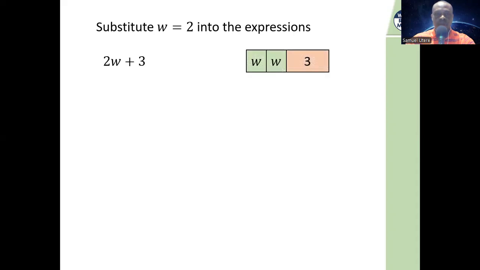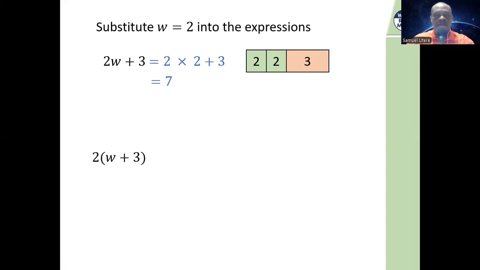Why? Because you have w and w with 3. If you add the bars and you replace w with 2, because you've been told to make w 2, your answer becomes this. So you can substitute 2 to replace w, which gives you 2 times 2 plus 3.